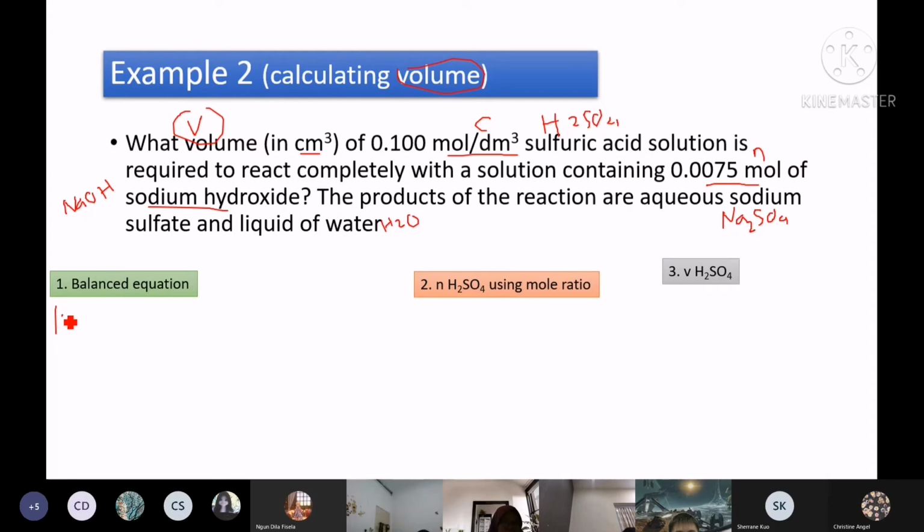That means sulfuric acid, H2SO4, plus sodium hydroxide, NaOH, is equal to sodium sulfate, Na2SO4, plus water.